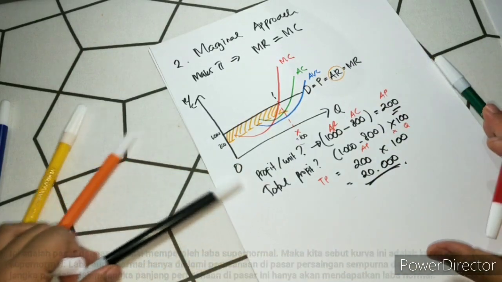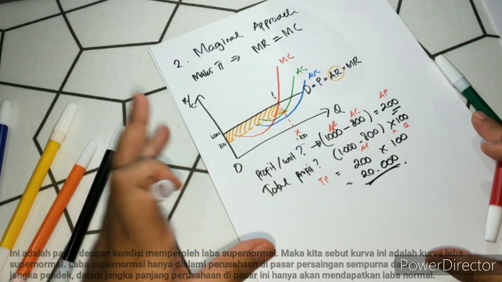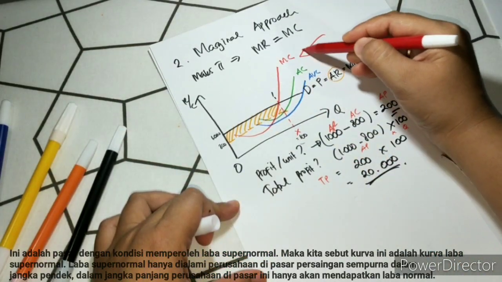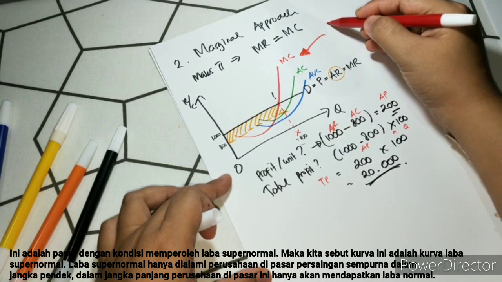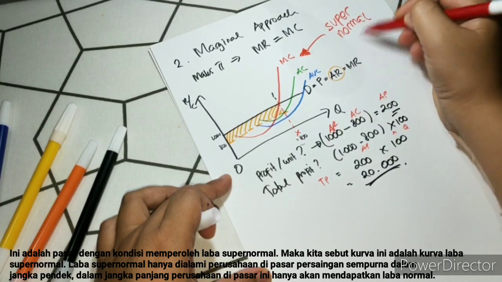This is the market in supernormal profit. So we call this curve condition the market in supernormal profit.